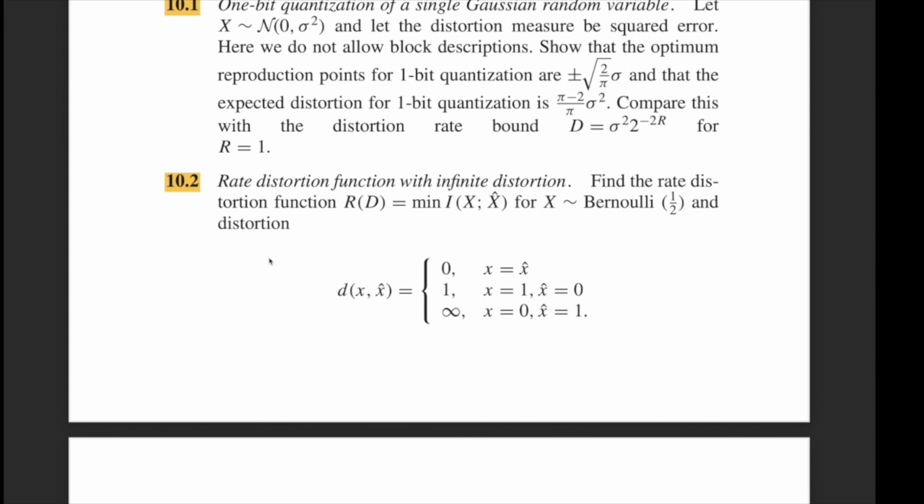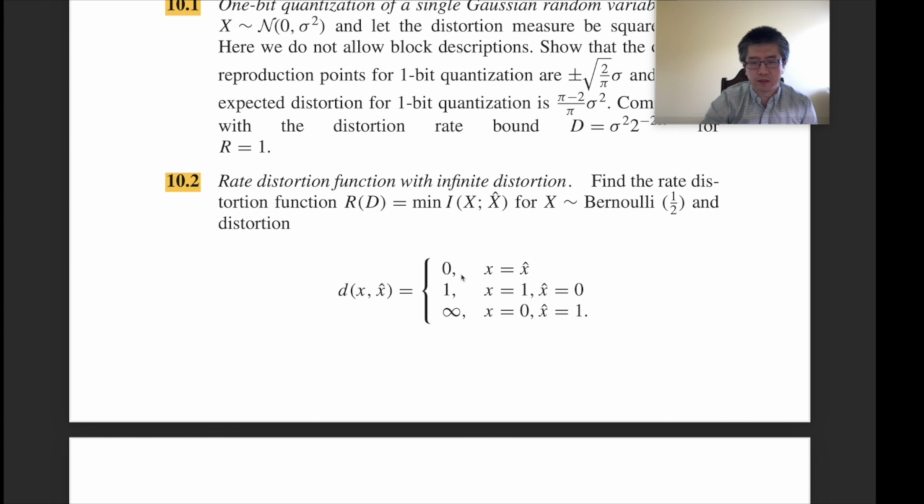Basically we know that since the distortion of (0, 1), remember, this is d(x, x hat), is infinity, therefore we have to assign p(1|0) as 0, because otherwise we have infinite distortion. Therefore, p01 has to be 0 as well. From this, we can see the distortion D, so let's recall this.